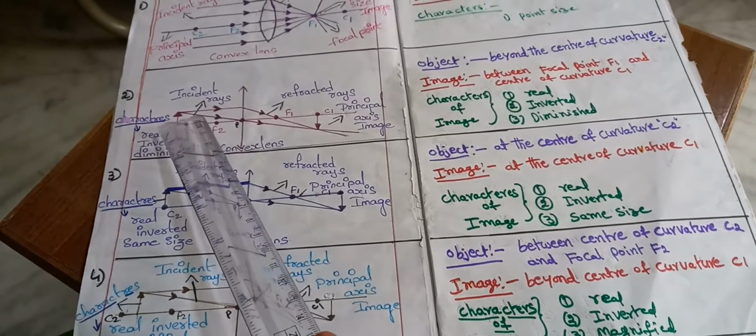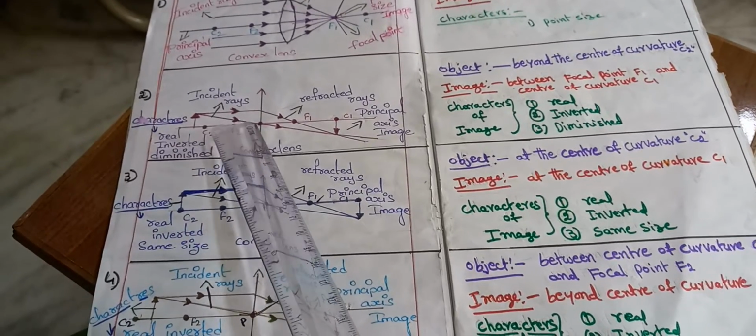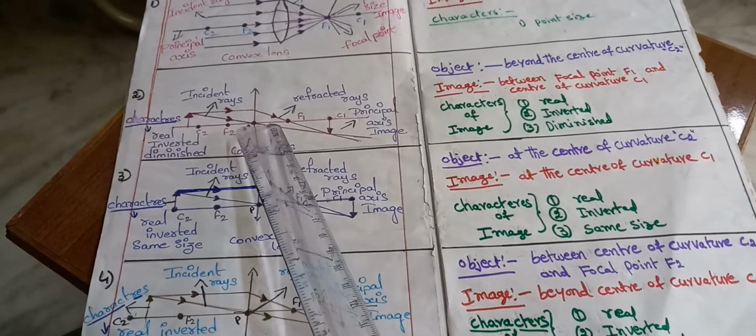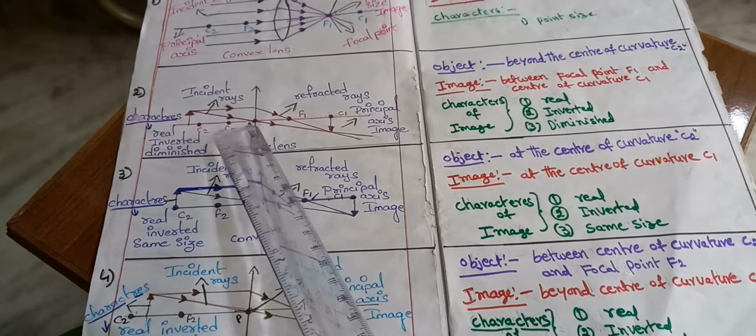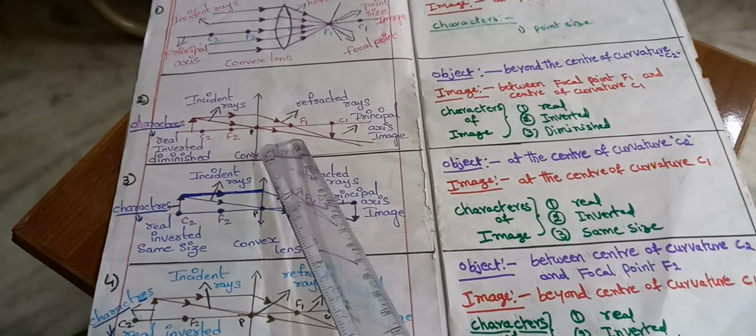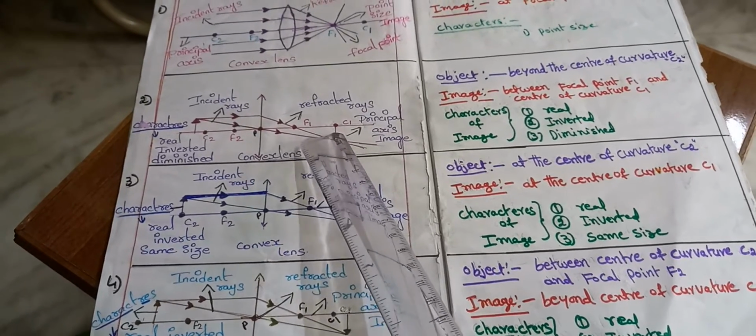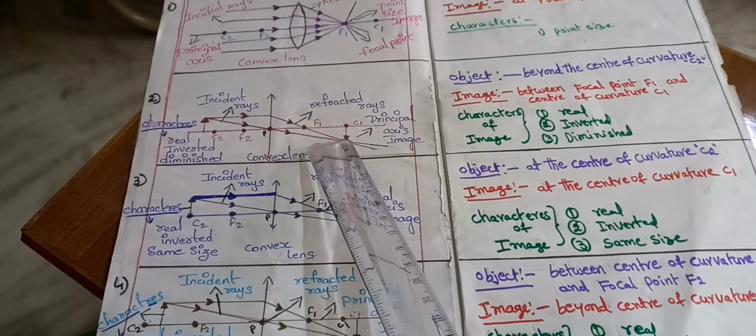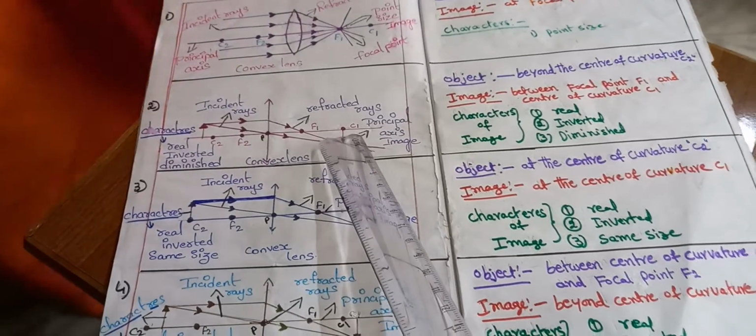Another ray from the object goes through the optic center. The ray which goes through the optic center is not deviated. So the ray and the refracted ray meet between F1 and C1.